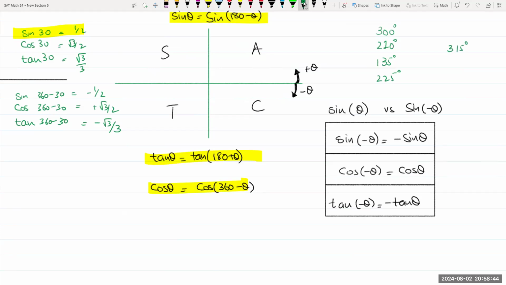All right. So these are different examples of angles. I firstly want to be able to identify which quadrants these are in. So this is bigger than 270, fourth quadrant. This is bigger than 180, less than 270, third quadrant. 135, second quadrant, because it's less than 180. 225 is in the third quadrant. 315 is in the fourth quadrant.